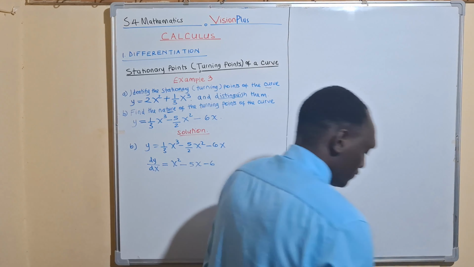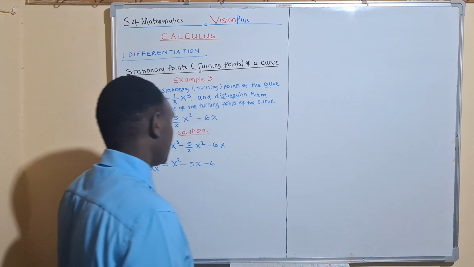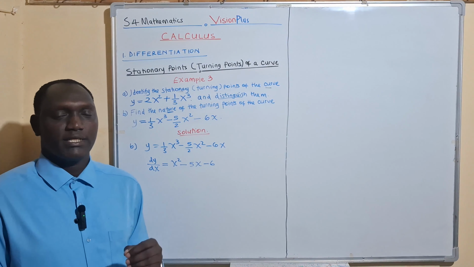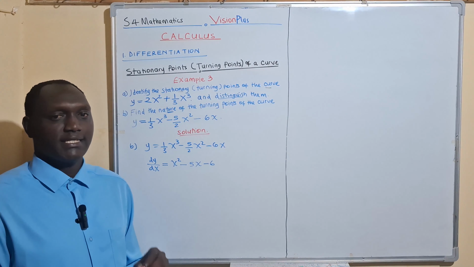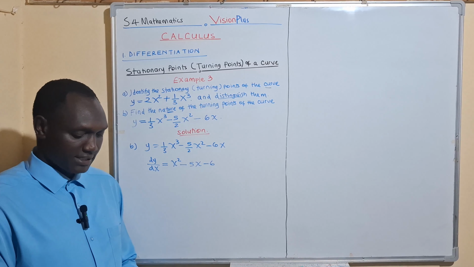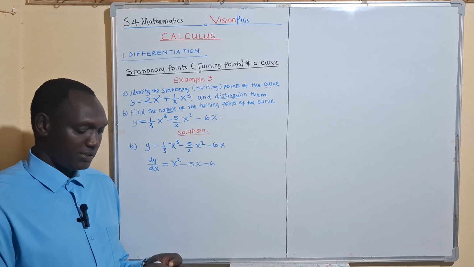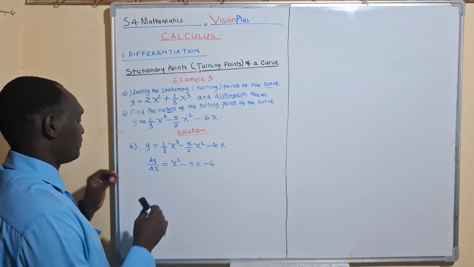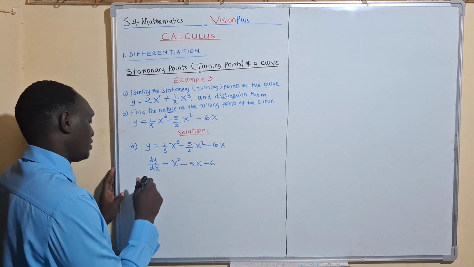So this is the gradient function of the curve. Now, for us to get the turning points, what do we know at the turning point? We know that at the turning point, dy/dx is 0. In other words, the gradient of the curve at the turning point is 0.